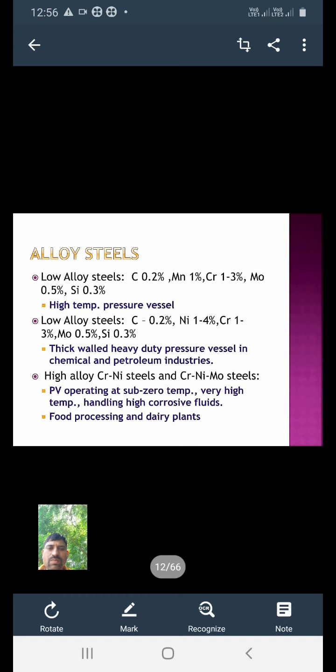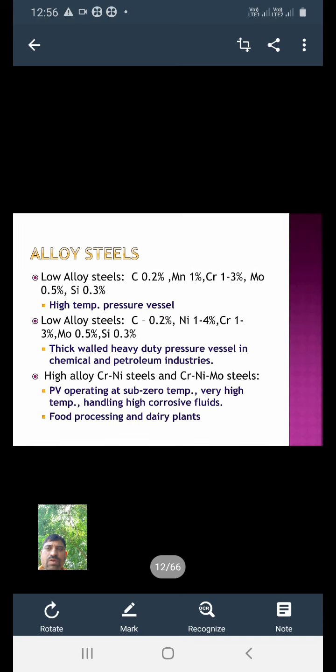Then there are different types of alloy steel. Low alloy steel: again, the carbon content is 0.2%, nickel is 1 to 4%, chromium is 1 to 3%, molybdenum up to 0.5% and silicon is 0.3%. You should remember the contents, such as the carbon and nickel contents.